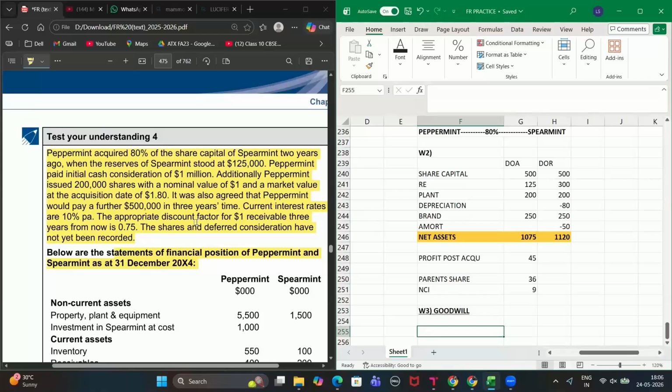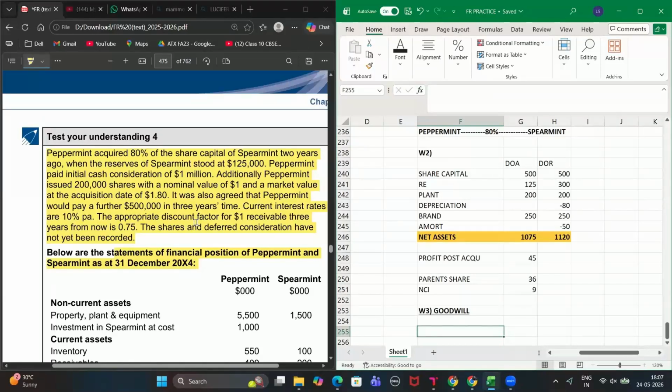So we have to know the fair value of consideration. Now tell me, what types of consideration are being provided in order to acquire these shares? Cash, share, and deferred consideration, right?